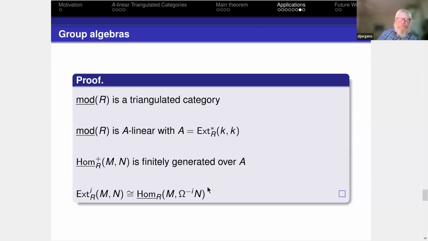Proof in this case, here we take the stable module category of this group algebra. So that's a triangulated category. It happens to be A-linear.